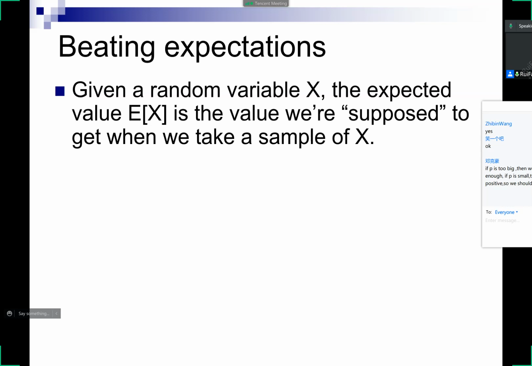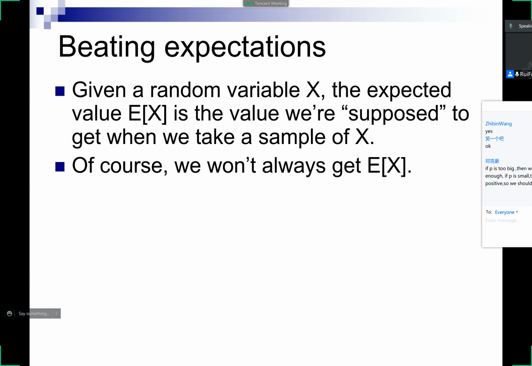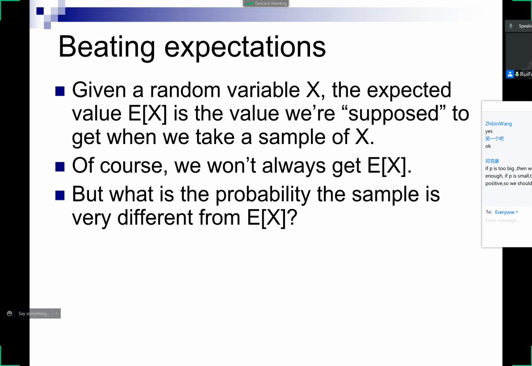However, each time that you run this algorithm, you might not get exactly this expected value. The running time can differ. And now the question is, how likely is a random variable to differ from its expected value?